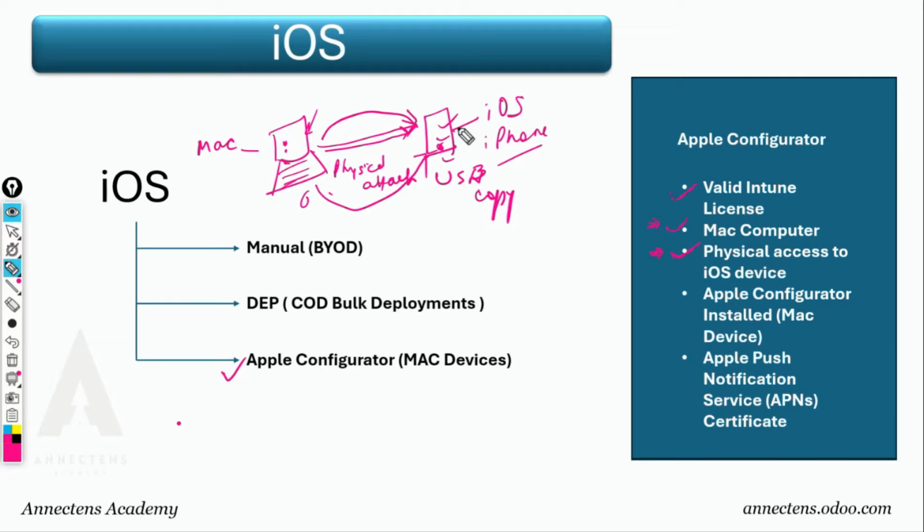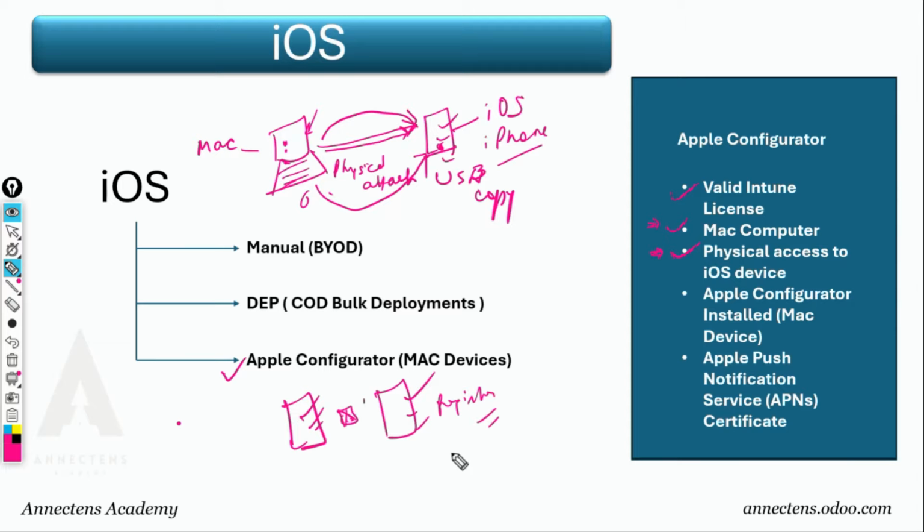Now there are certain things which have changed. Using Apple Configurator, once the profile is pushed to one device and it's already configured, you can use a scanner to scan another device and register it using the Apple Configurator.